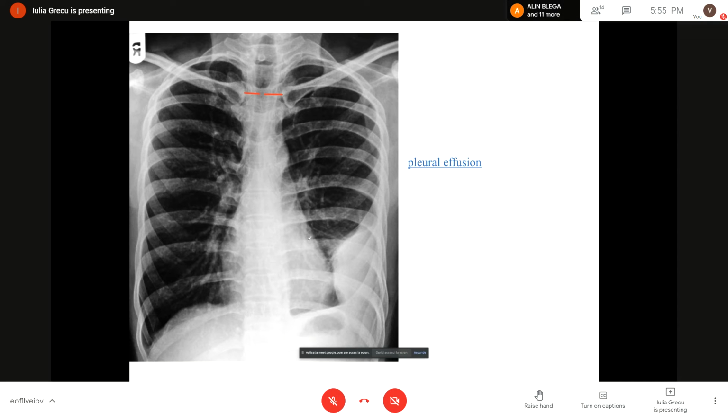The structure, the intensity of the opacity, the contours, if they are smooth, regular, sharply delimited, and other associated features that you find with the opacity. So how would you describe this one? It has smooth, clearly demarcated margins.